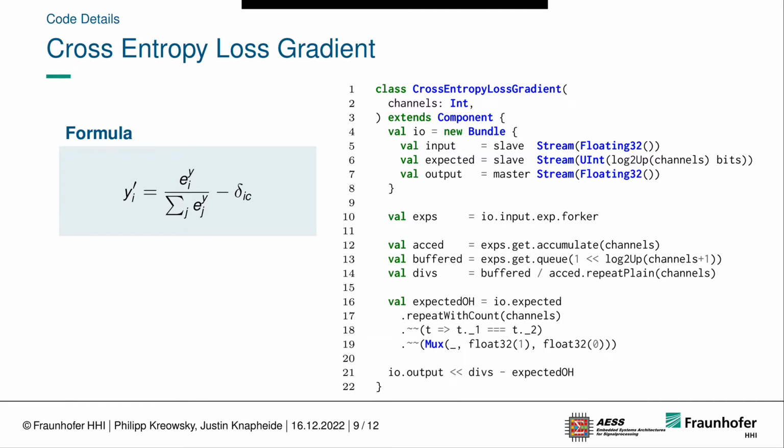So we take the expected input c, repeat it while counting up, and get out just a Boolean flag that is 0 normally and 1 if the channel matches the expected channel. This one-hot encoded stream we can then map to floating point, so that we can subtract it from our first term, which we already computed, and we're done.